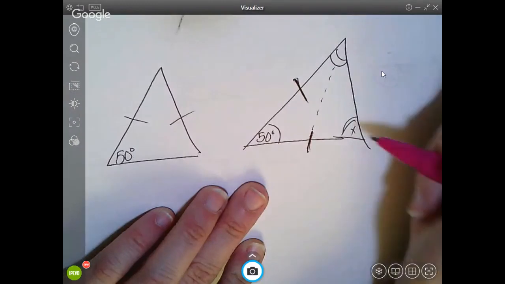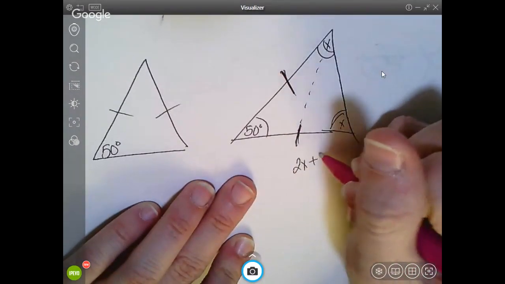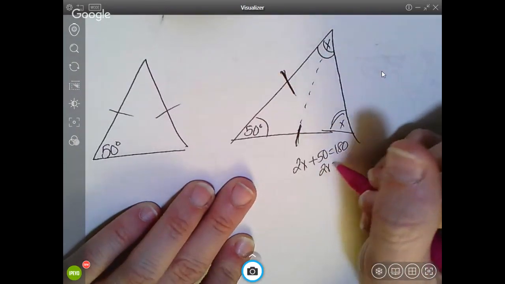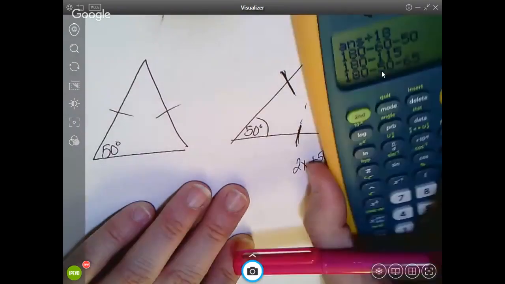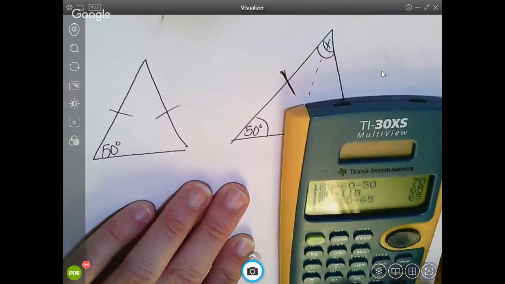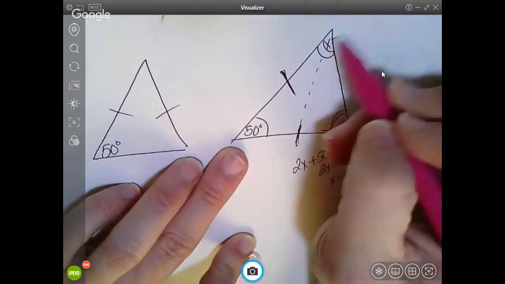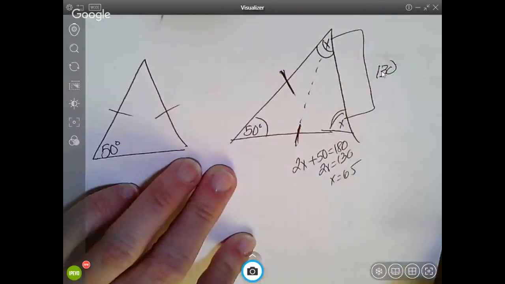They're the same. So here you would do 2x plus 50 equals 180. And then you would solve. Now, the easy way that I just do it is I take 180, subtract the vertex angle, which means this is 130, and then I hit divide by 2. And you get the same thing.